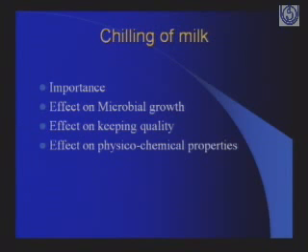So if the initial quality of the milk is good, milk can be stored for 2-3 days at this temperature, 4 degrees centigrade or less. So there will be no further growth of the microorganisms. So keeping quality is increased.